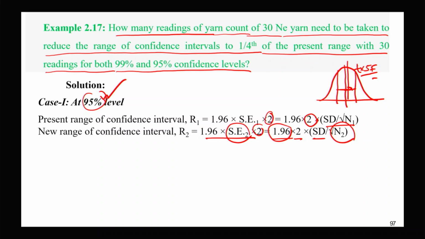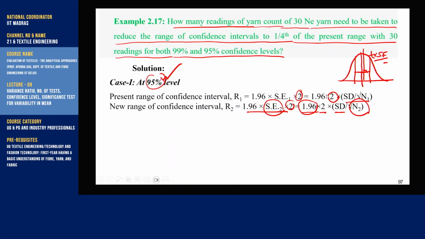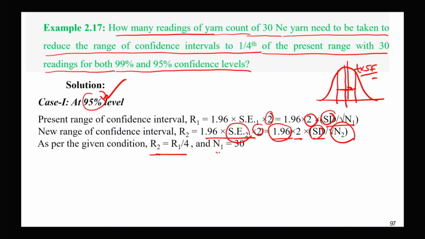Now the problem is simple, so everything is known here. The SD in both cases will be the same, it will cancel out, and the other condition which is given is R2 equal to R1 by 4, a 4 times reduction. N1 is given as 30.